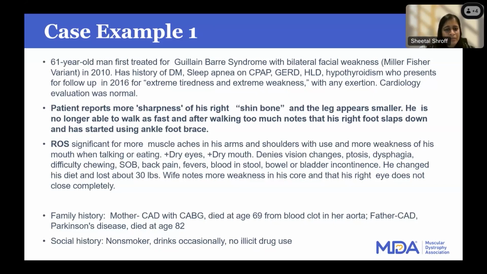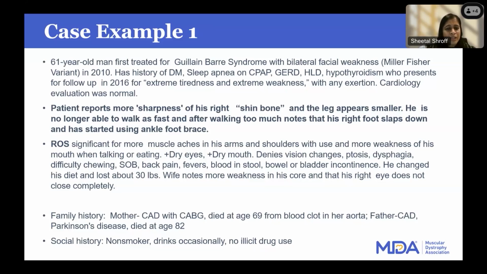So that means he had gotten back to his baseline, and now he is showing weakness and tiredness with exertion. So there might be something else going on. That's kind of what I'm thinking. And that sharpness of the right shin bone.